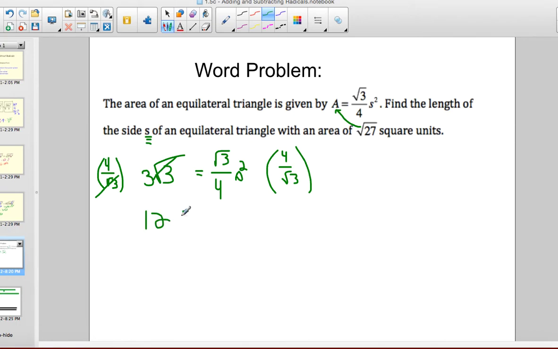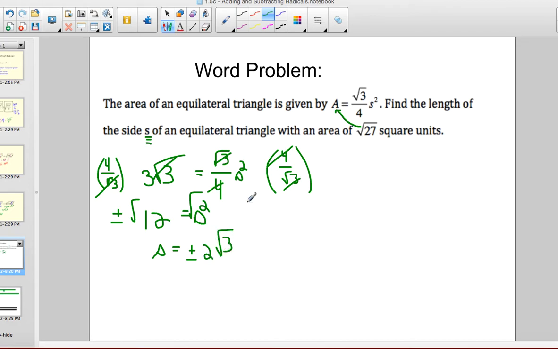And on this side, right, and why do we do that? We cancel those out. We get 12 is equal to s squared. Take the square root. And again, anytime you create a square root, which you are doing here, you need to account for both plus and minus. So you get s equals plus and minus 2 root 3.